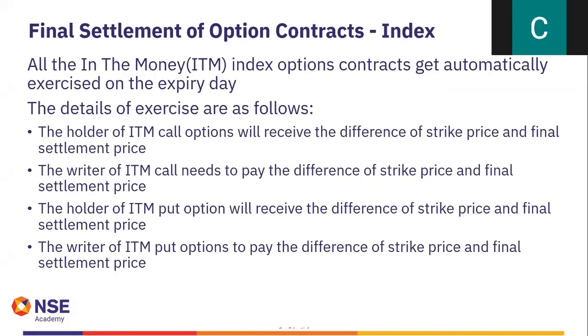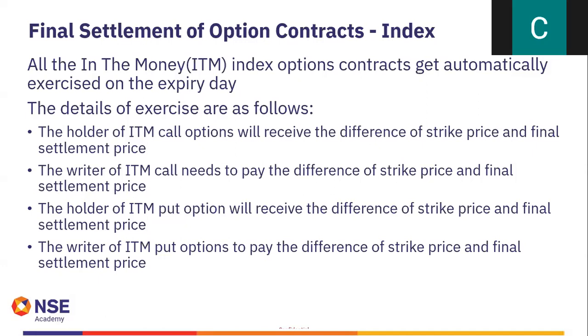Now coming to final settlement of options contract. So obviously on the date of expiry, that is again going back to the example, say 29 September. So on 29 September till 3:30, exchange will be waiting to close the contracts. So till 29 September at 3:30, we will just check who all are holding the contracts and whether the contracts they are holding are in the money or not.